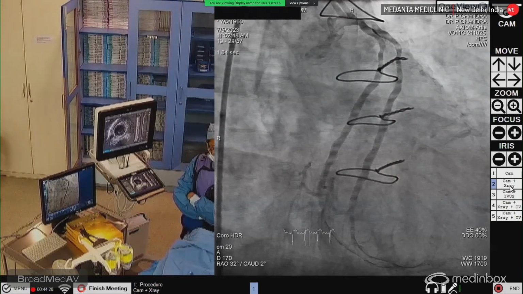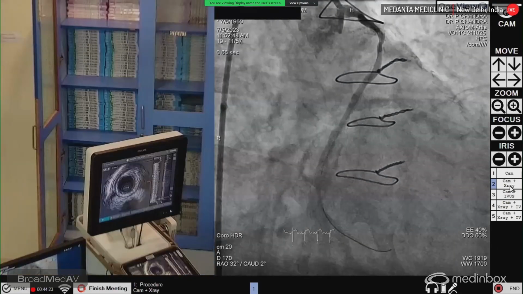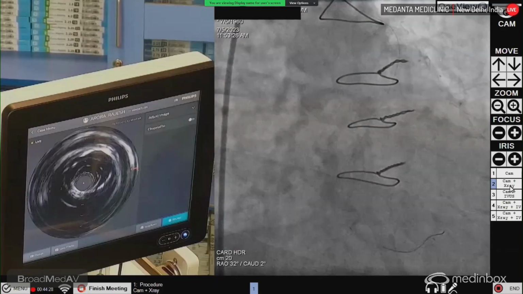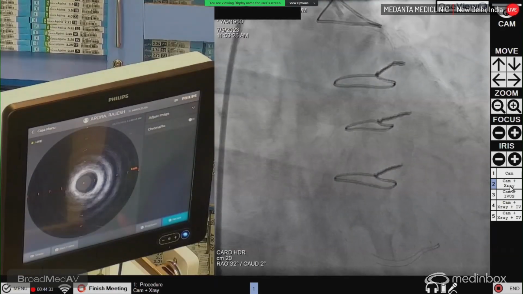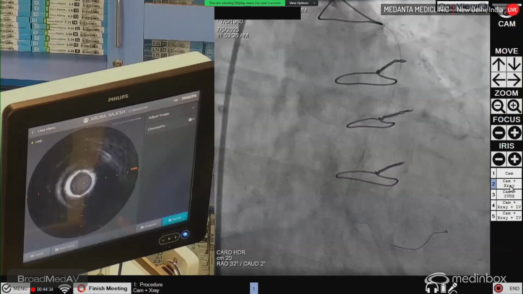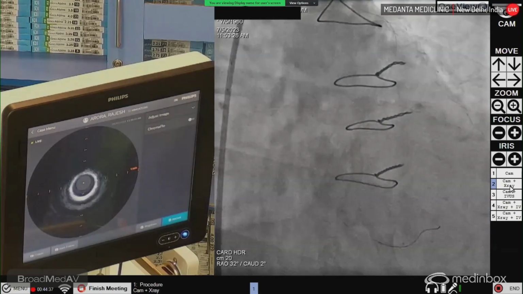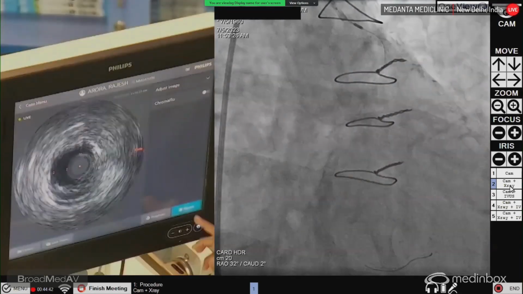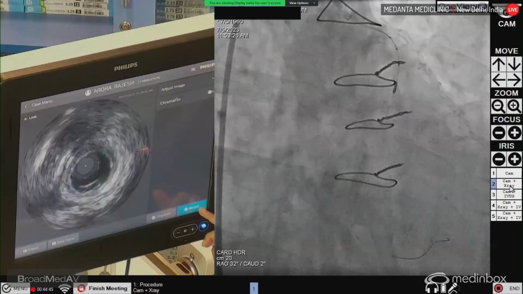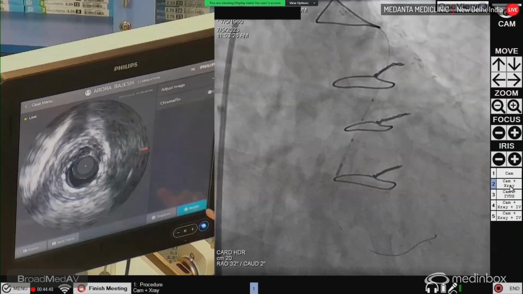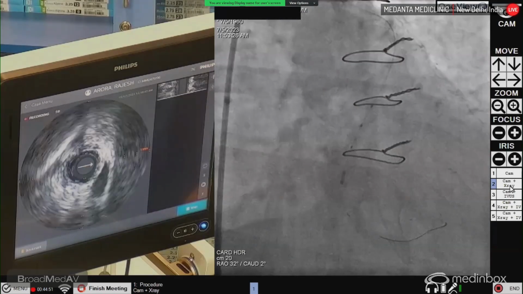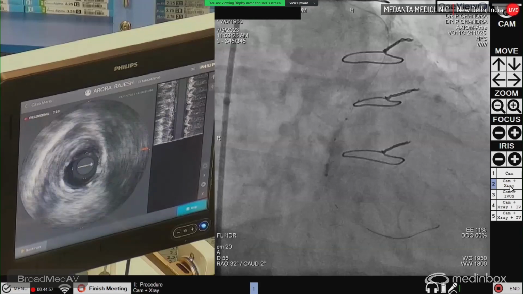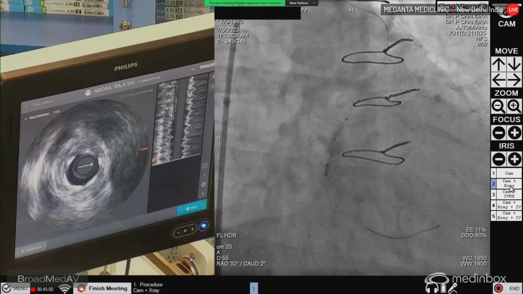Get us an RCA guiding catheter. RCA catheter. So this is again the Volcano IVUS system which we use commonly, and with these markers, it is much easier to measure the vessel's length, etc. So here I am in the distal segment beyond the branch, and that's beautiful.